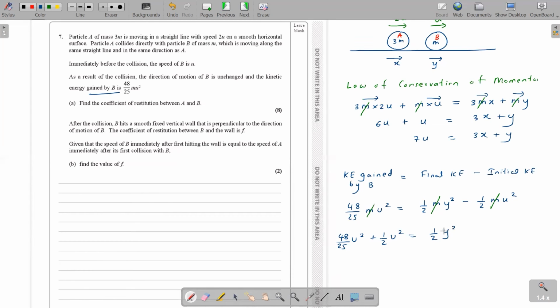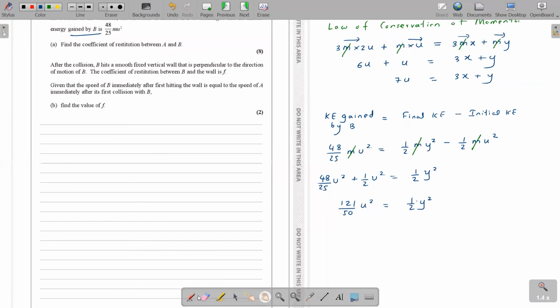What happens? 48 over 25 plus half gives us how much? 121 over 50 u square equals half y square. So 121 over 50 u square times 2 equals y square, which is 121 over 25 u square.